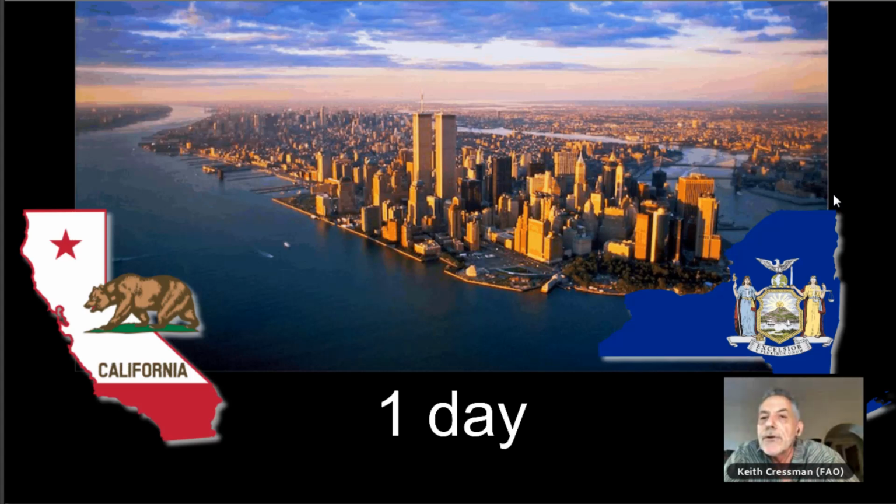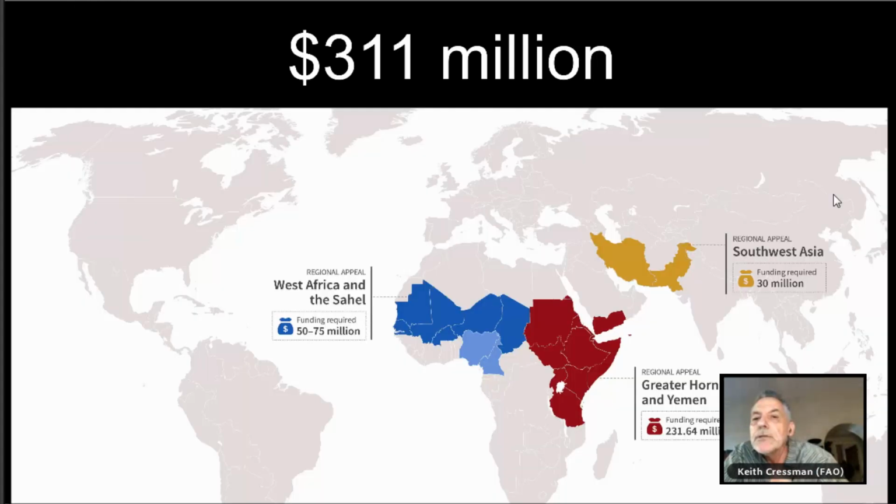So as a result, of course, earlier this year FAO appealed for some millions of dollars. And that appeal has successively increased in the last 6 months to what it stands at now, $311 million. That appeal initially was for the Greater Horn of Africa. Now it's spread to Yemen, it's spread to Southwest Asia, as well as a potential threat to West Africa.